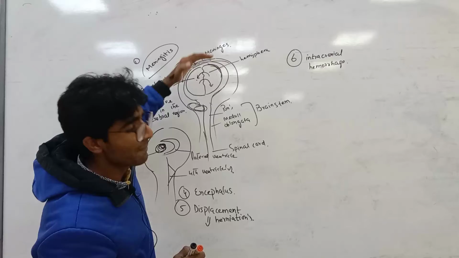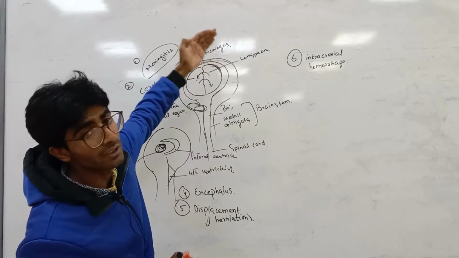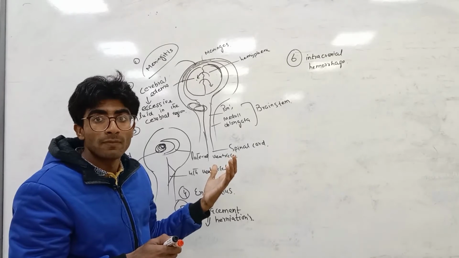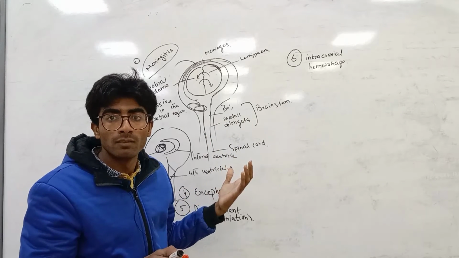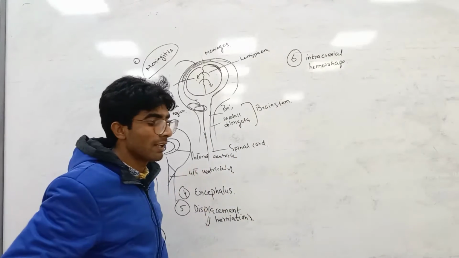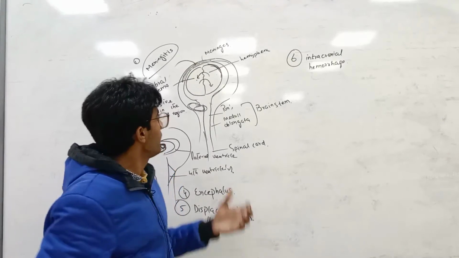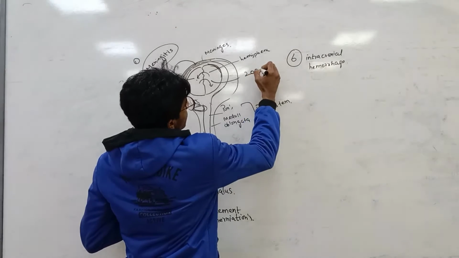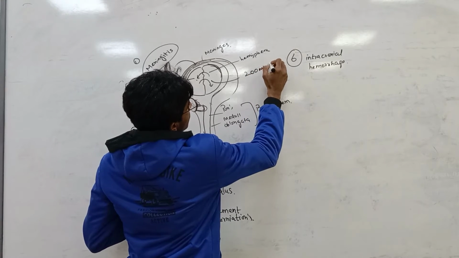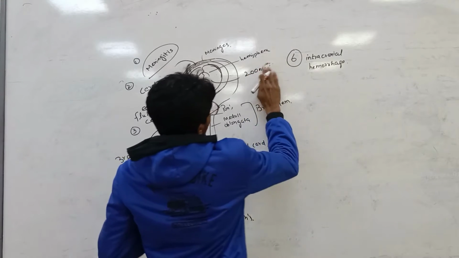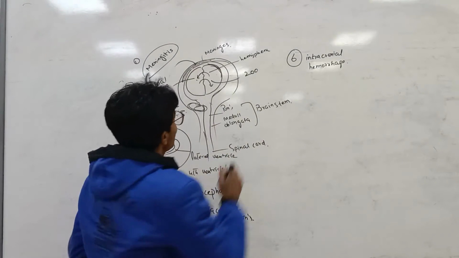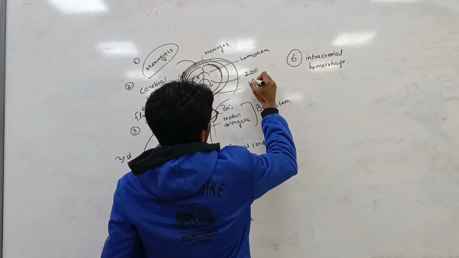In arteries, when blood pressure increases beyond the normal level, maybe to 200, sometimes blood pressure is 200, and sometimes 180.